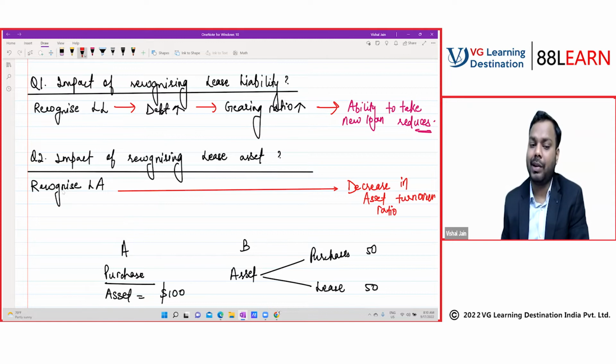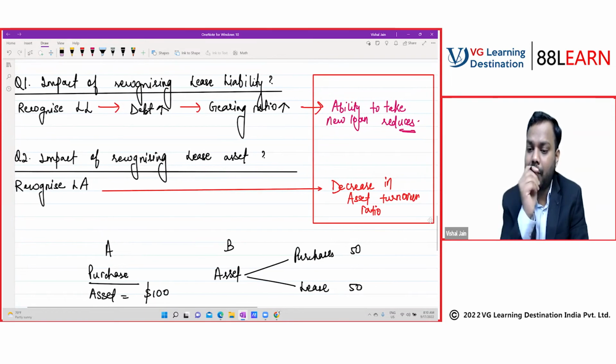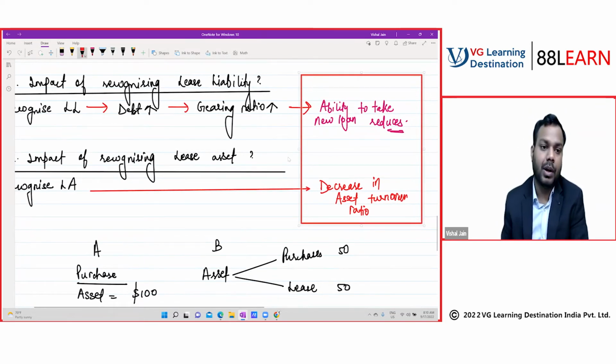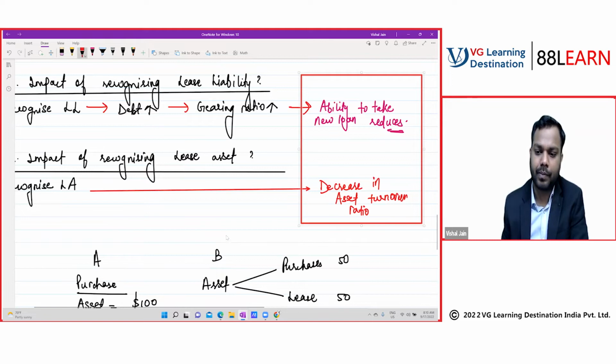If the lease asset is recognized, it will lead to a decrease in asset turnover ratio. Now tell me, what will be the ultimate impact of this one? The ultimate impact.